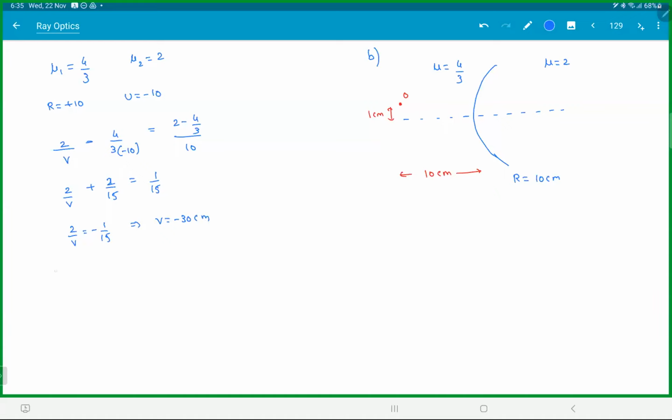Am I right? And the magnification is minus mu1 v by mu2 u. You need to mark up the formulas. 4/3 times minus 30 by 2 times u, which is minus 10. This would be minus minus plus, that is 40/20, so minus 2. So that means the image is forming 30 centimeters behind somewhere here, and minus 2 meaning it is inverted.